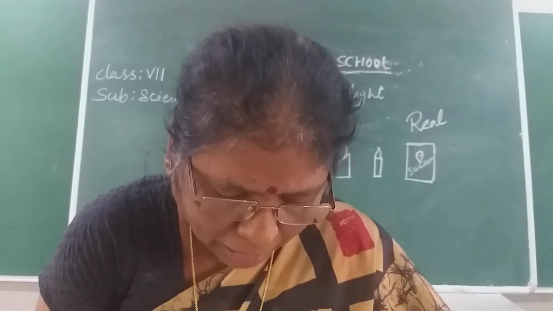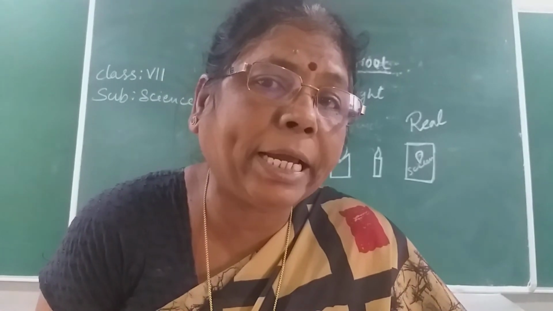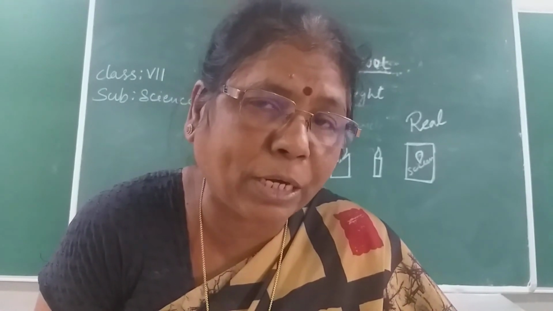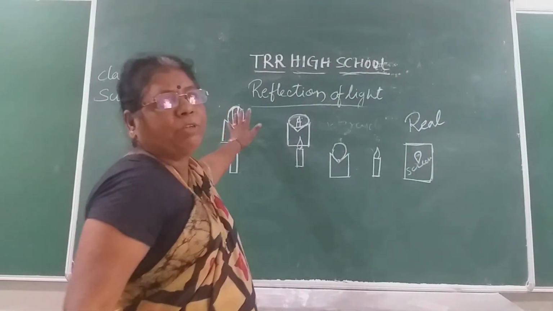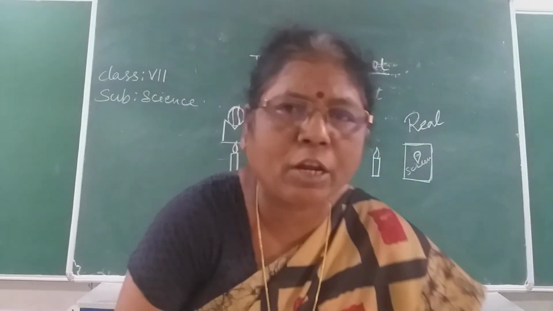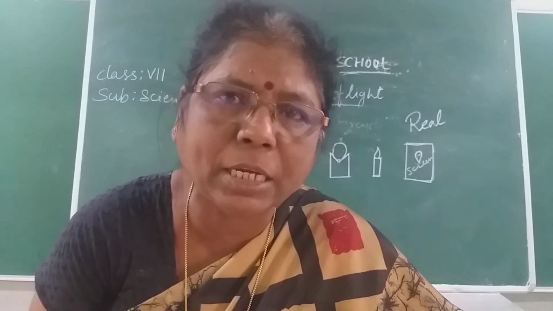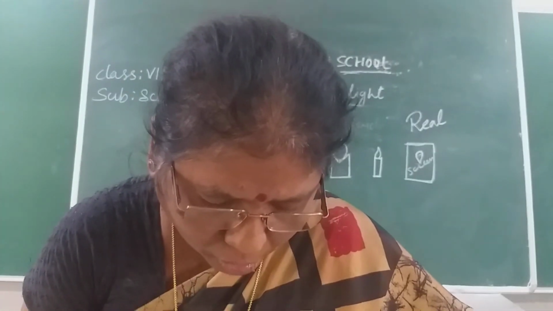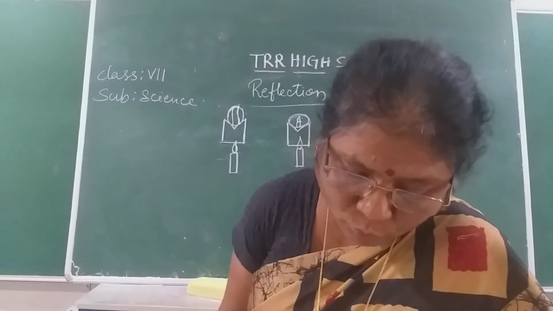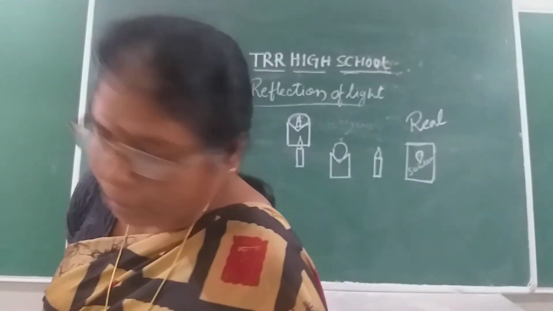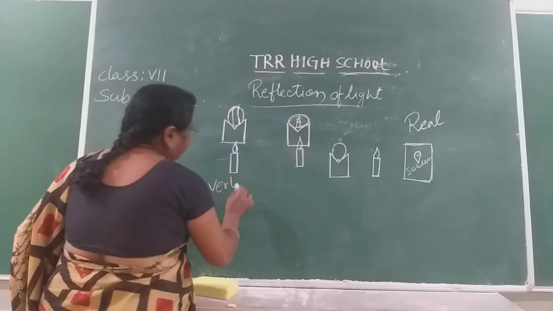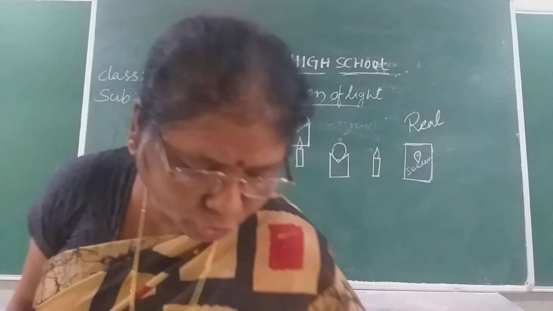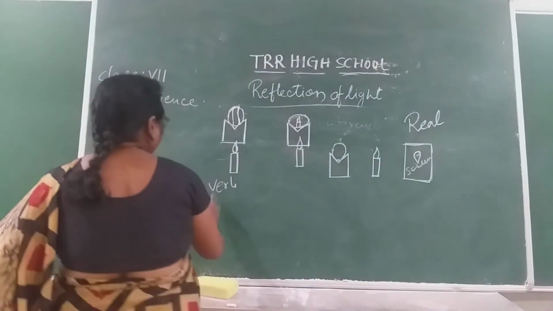An image that can't be obtained on the screen, but that we can see in the mirror, is called a virtual image. What do you call it? A virtual image.